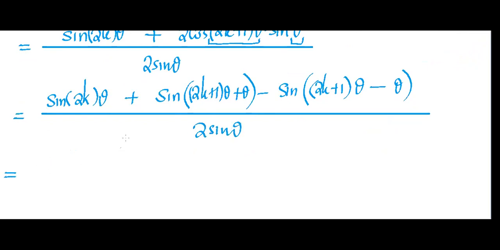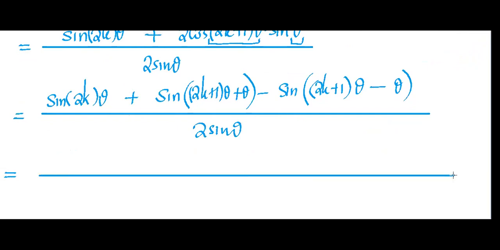This is the same as 2 sine theta down here, and this becomes sine 2k theta plus sine 2k plus 1 plus 1 theta.